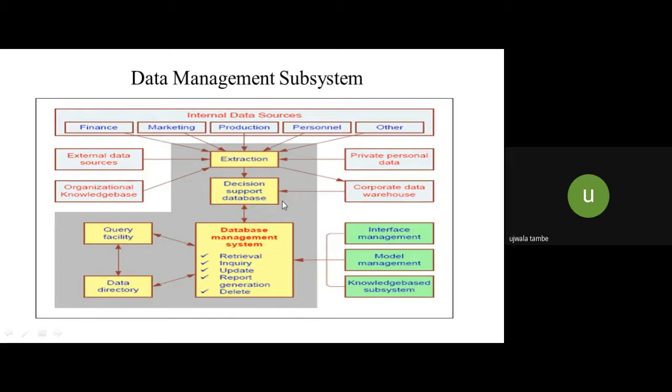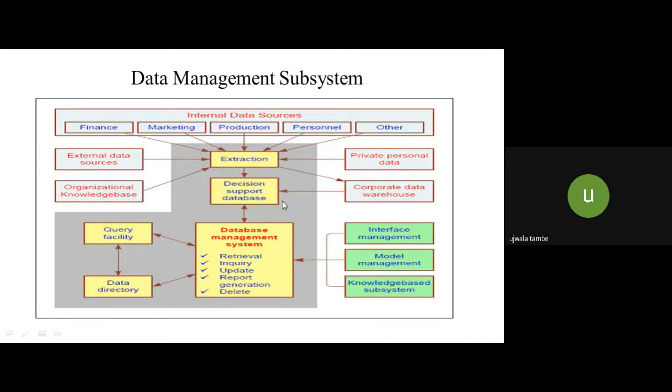The internal data source is related to that particular organization, such as the data of finance, marketing, production, personnel, and some other things which are related to the organization only.